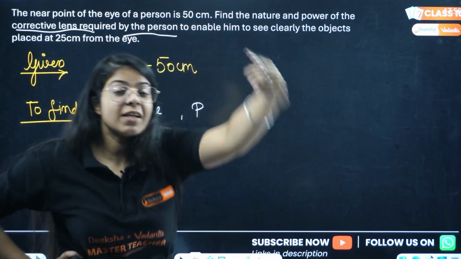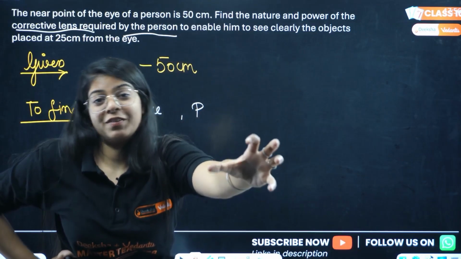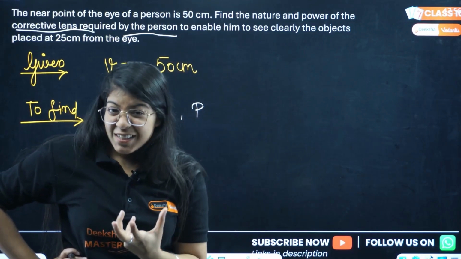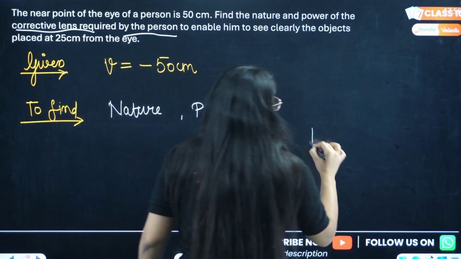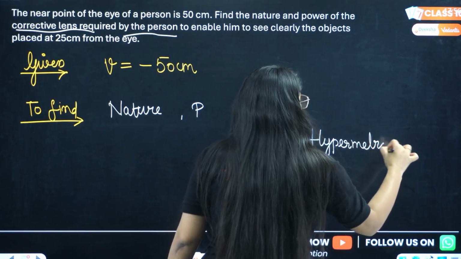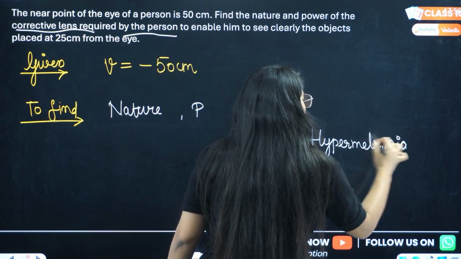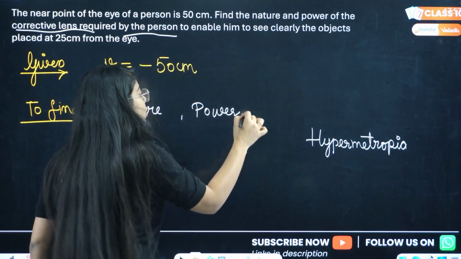Near point is normally 25 centimeter. It went to 50 centimeter. That means he cannot see nearby objects clearly. That means he has hypermetropia. Done.